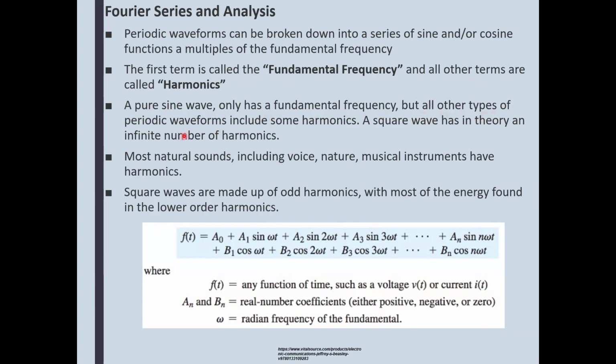But the other types of periodic waveforms include some harmonics. A square wave has in theory an infinite number of harmonics. Most natural sounds, including voice, nature, and musical instruments, have harmonics.